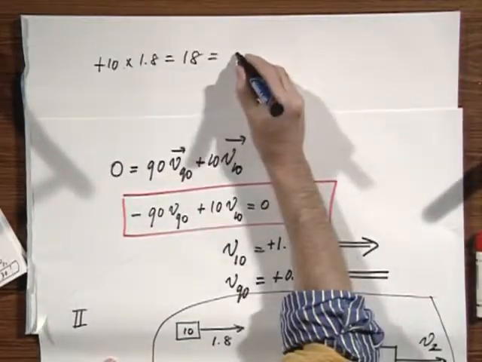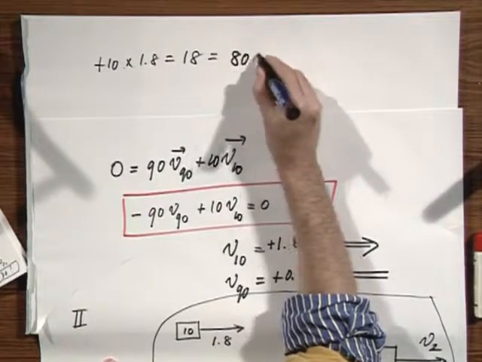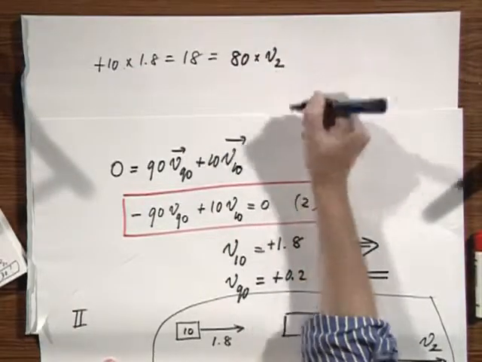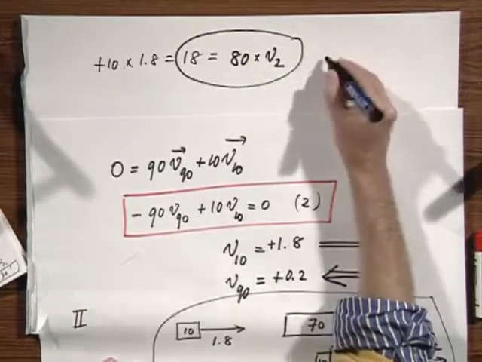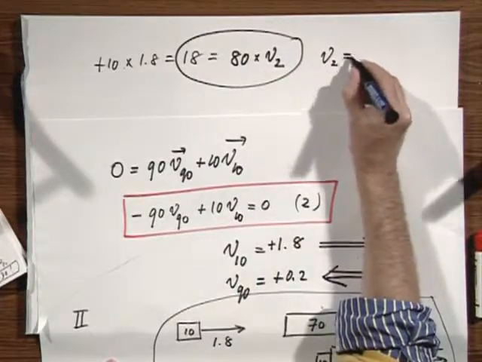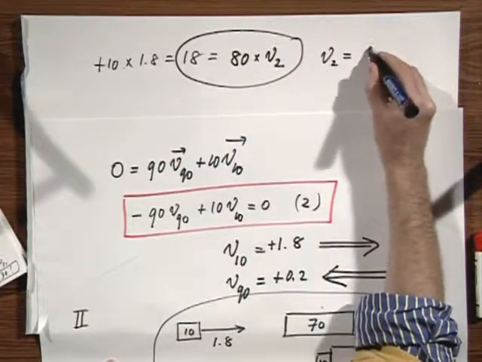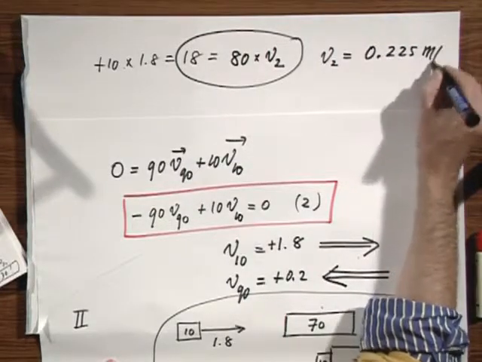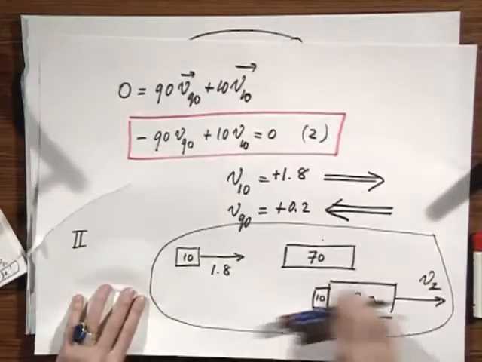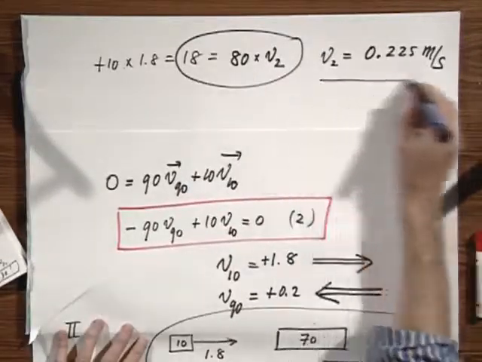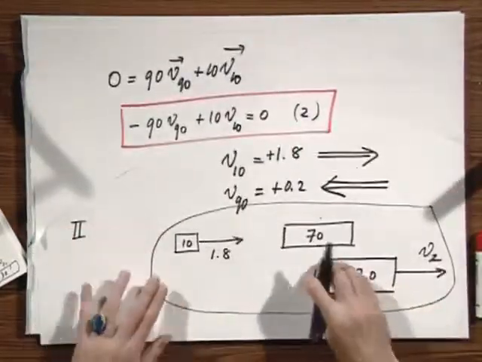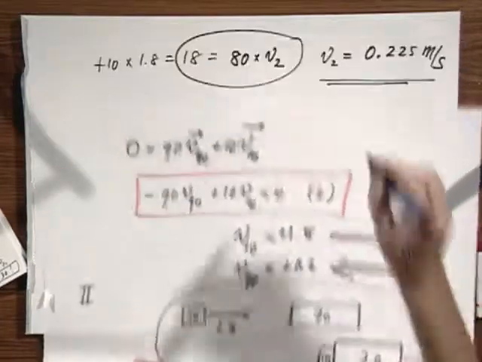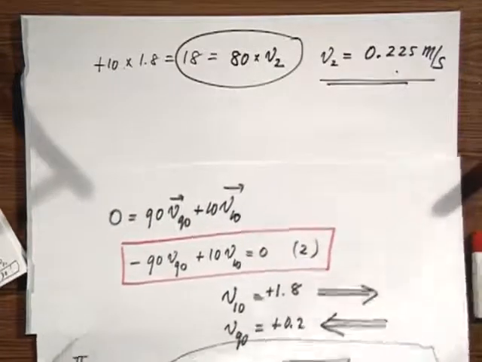Afterwards, I have 80 times V2, and so it follows immediately that V2 equals 18 divided by 80, which is 0.225 meters per second in this direction. So I know now that after the impact the two go together with this speed.